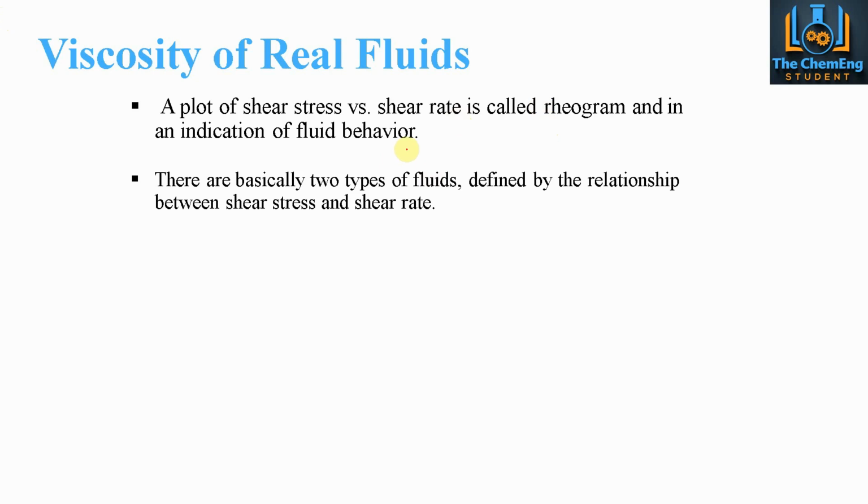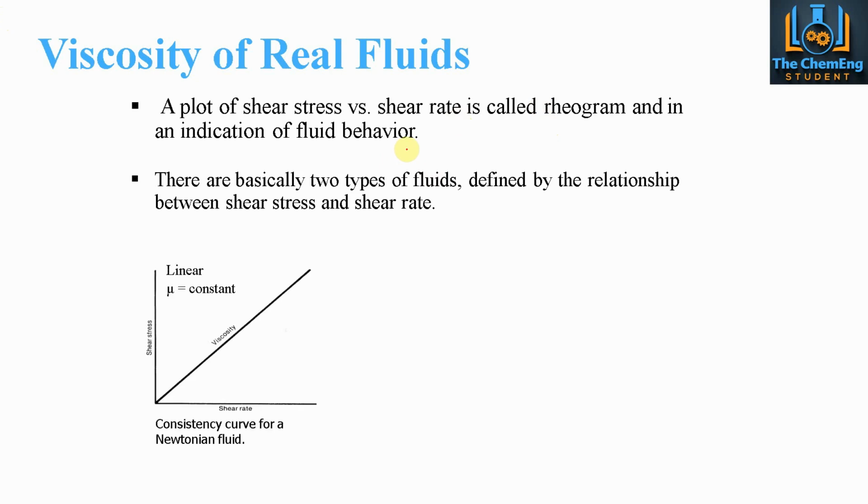Now essentially there are two types of fluids defined by this relationship. The first one is a Newtonian fluid, whereby the viscosity changes at a constant rate. So as the shear rate increases, the shear stress increases, and the relationship here is linear, so that we can predict what the viscosity is, or say we know the viscosity and the shear rate but we want to know the shear stress, then we can predict using a linear model.